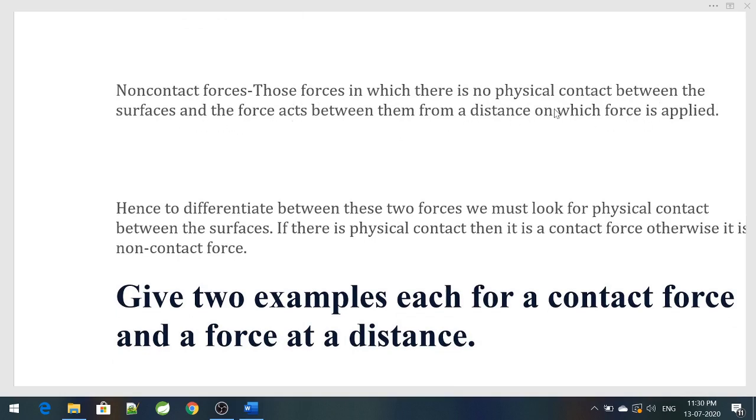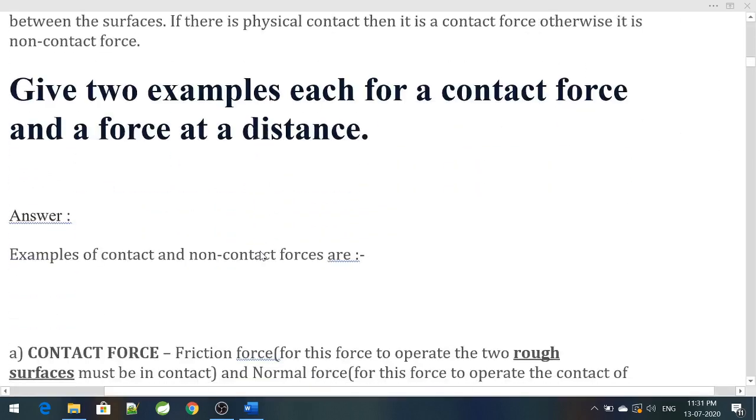Magnetic force we saw, that is a non-contact force. Electrostatic force and gravitational force are also non-contact. Hence, to differentiate between these two forces, we must look for physical contact between the surfaces. If there is a physical contact, then it is a contact force, otherwise it is a non-contact force.